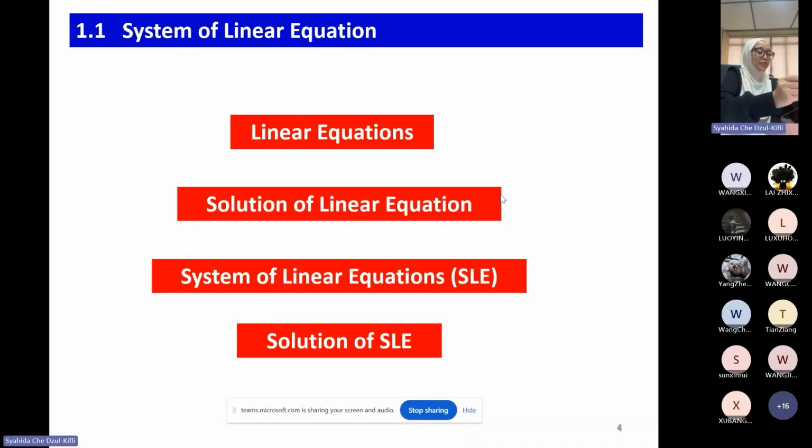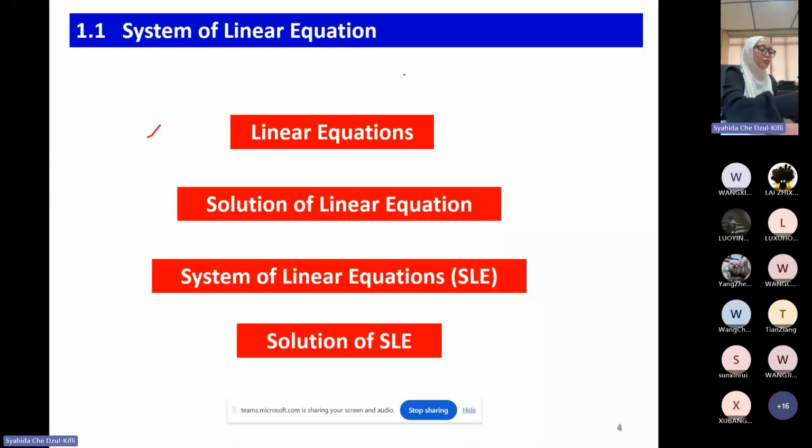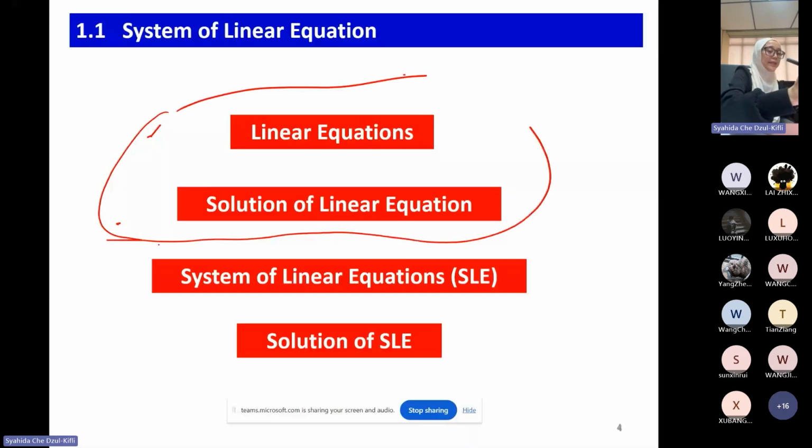In the previous lecture, we have discussed the first two subtopics, and we are going to continue to look at systems of linear equations and solutions for systems of linear equation.